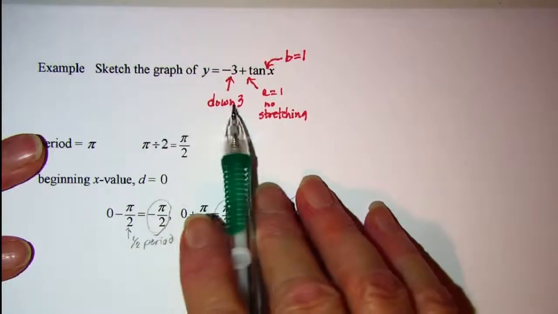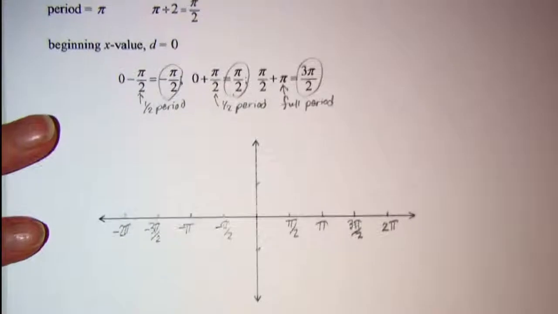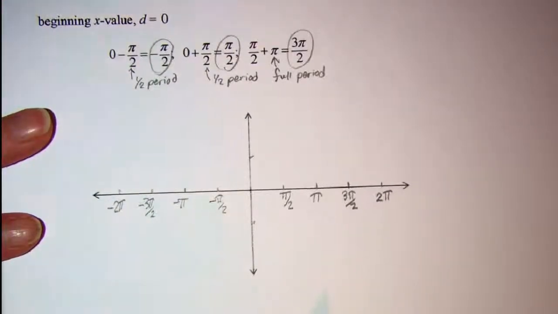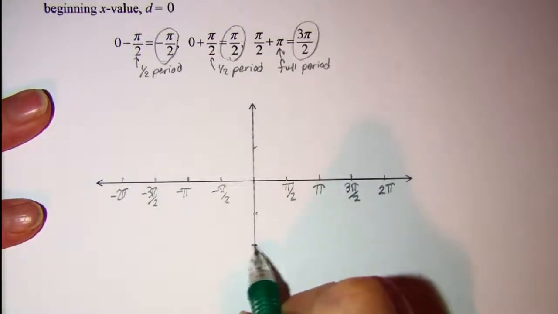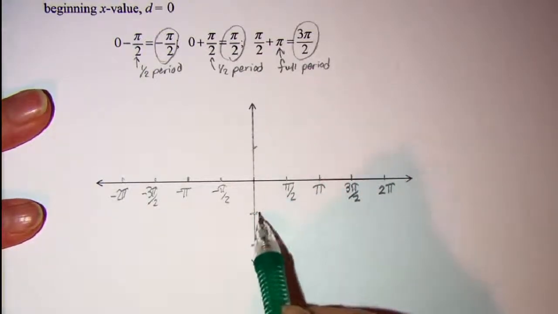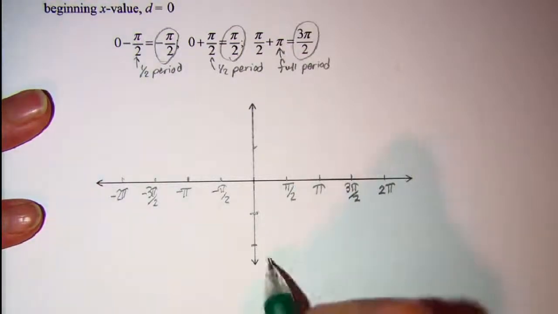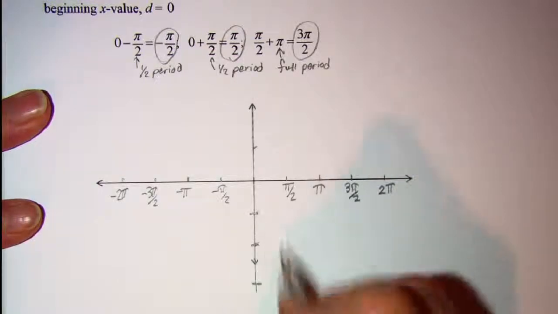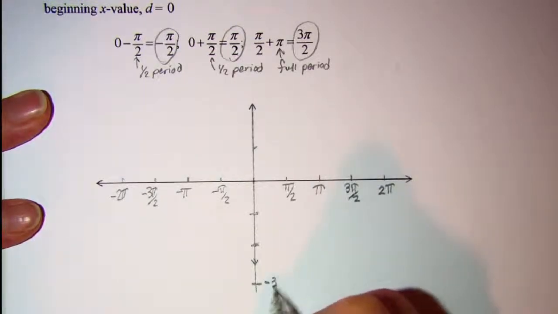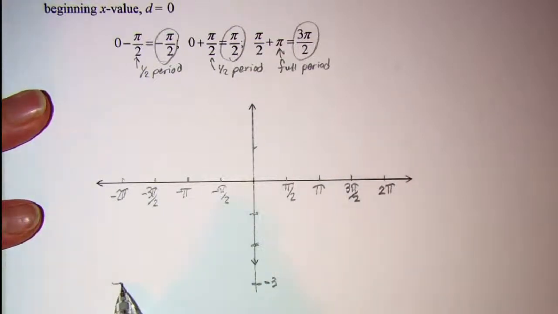Our center line, remember we're moving down 3, so our center line then, some books will just label this as -3, but I'd rather, to get a good feel of it, here's my -3, and I have a guideline there for my center line.